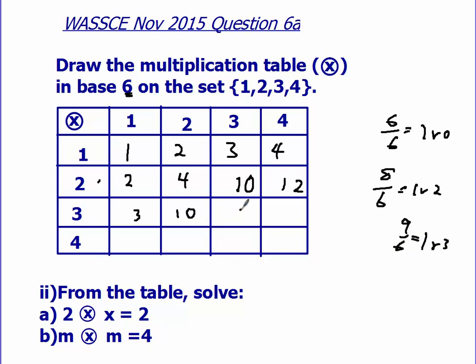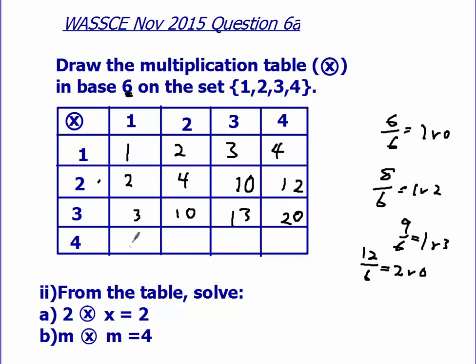Yes, so 3 and then 1. Then 3 times 4 is 12. Let's divide it by the base. 12 divided by 6 is 2 remainder 0. Therefore, I write my remainder 0, and then 2 is carried forward. Perfect. I hope you are getting the understanding of it.